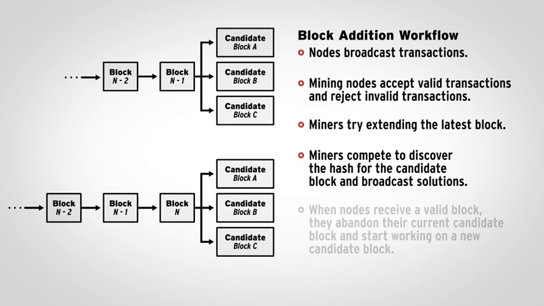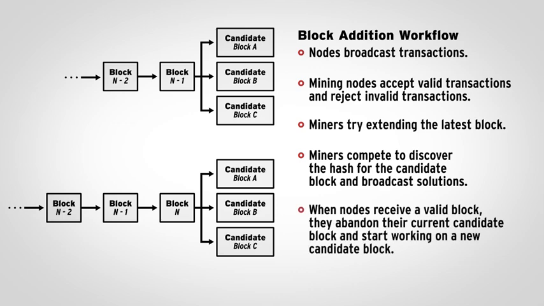Once they've discovered the hash, they broadcast the block. Whenever a node receives a block, they stop working on mining the block that they are working on. They add the block they have received to the blockchain. They then revise their list of valid transactions and start working on mining the next block.